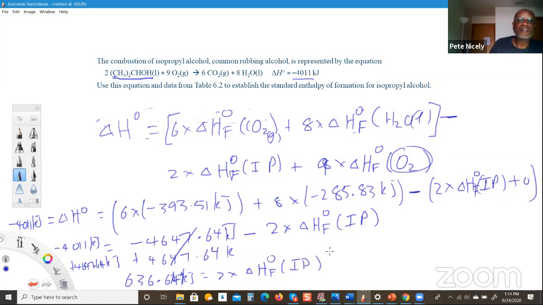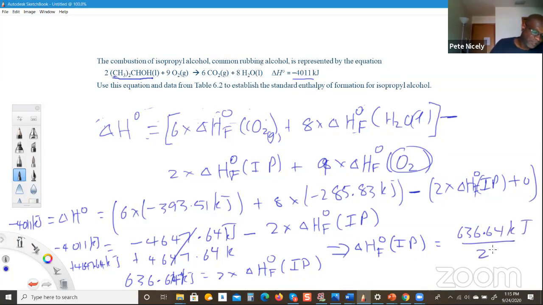So therefore, the enthalpy change of formation of isopropyl alcohol is equal to 636.64 kilojoules divided by 2. So when I divide by 2, the answer I end up with is 318.32 kilojoules.